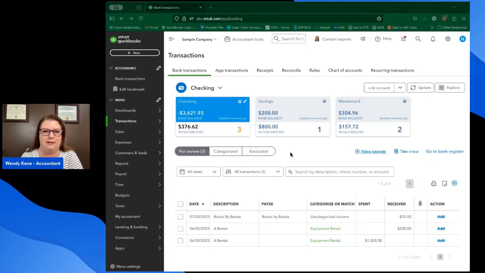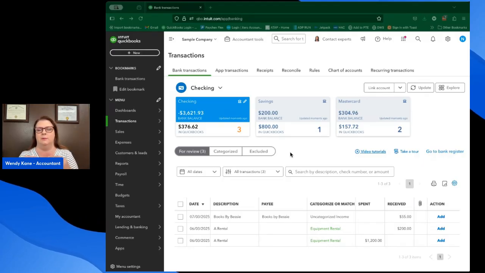Some of these things, my perfectionist self is a little annoyed because I can't get it exactly right because these are fake transactions and fake bank accounts. But it'll be enough. You probably don't care about that. You just want to know, what do these numbers mean and how do I fix them? So I'll give you some strategies for that, even if I can't make the numbers work exactly here because these aren't my numbers.